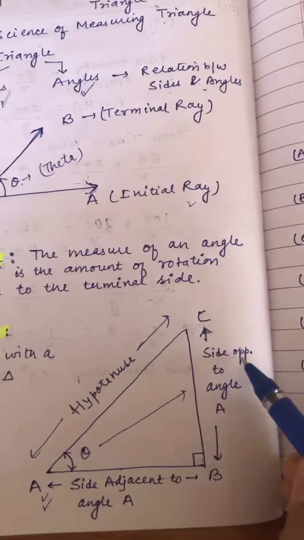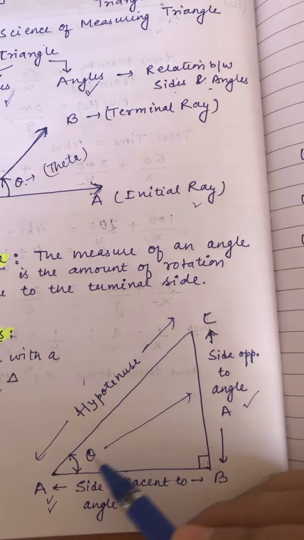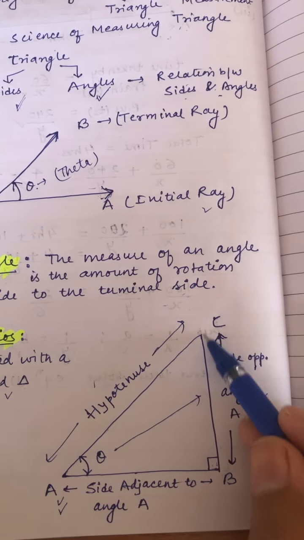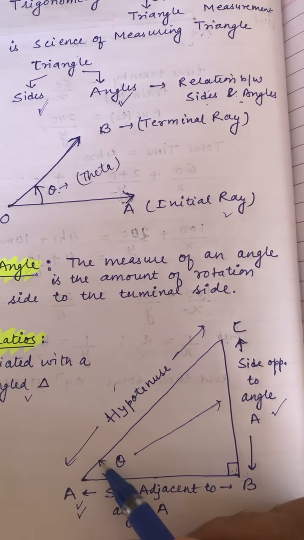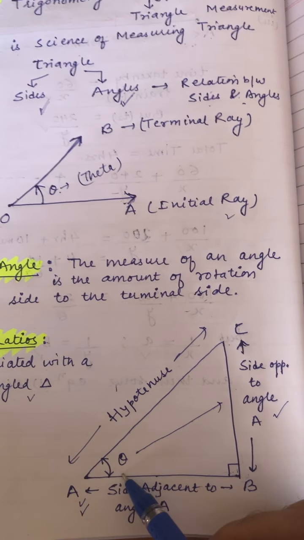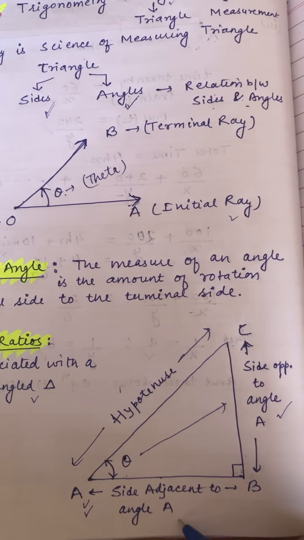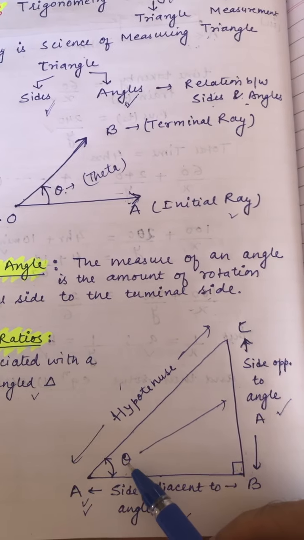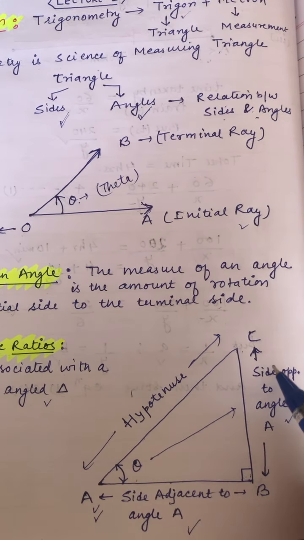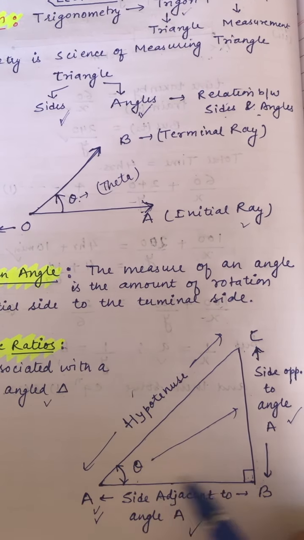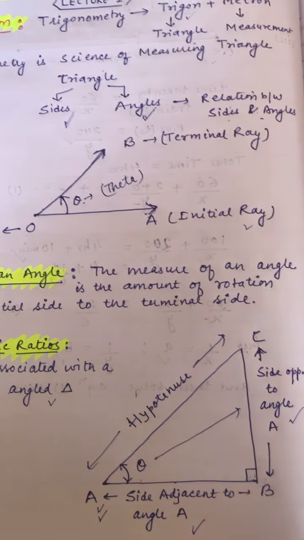This is called the side opposite to angle A. Similarly, this side is associated with making angle theta, so this is called the side adjacent to angle A. Is that clear? The side which is not involved in making this angle theta is called the side opposite to angle A, and this side is called the side adjacent to angle A.